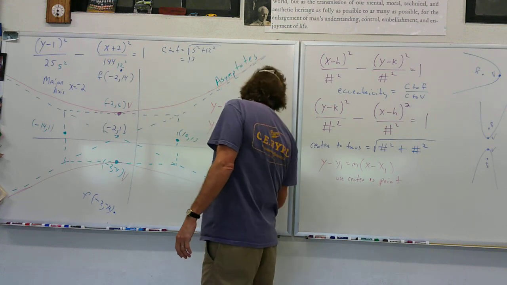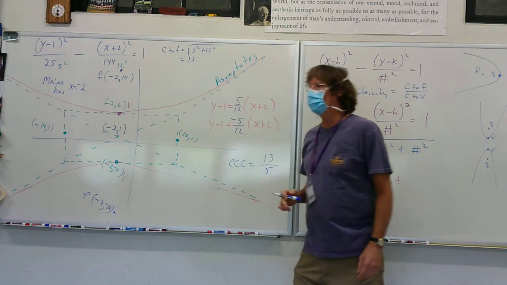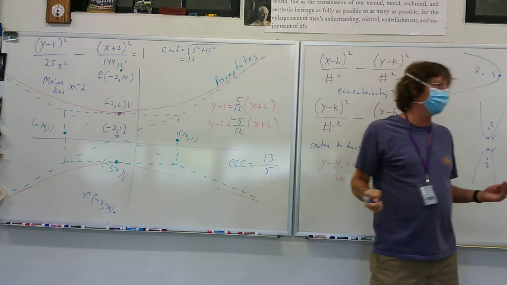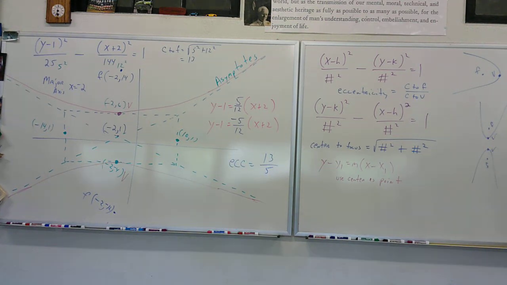The eccentricity will always be bigger than 1 for these. Eccentricity is always larger than 1. So far, so good?